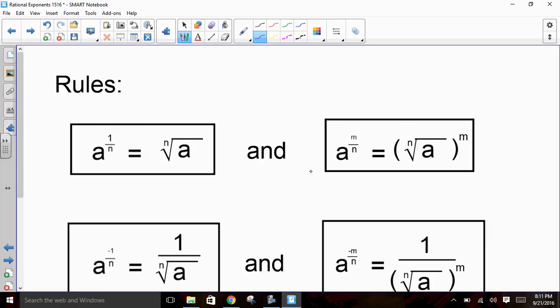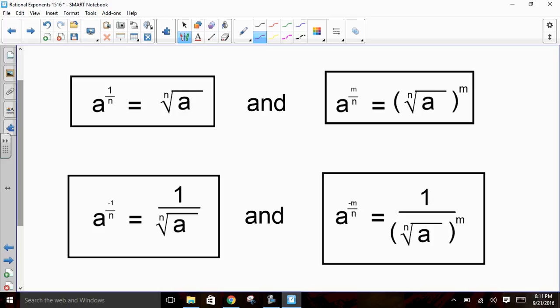Which brings us to our rules. I know I gave you your slide. Your notes have another slide, but they're basically leading into this. I didn't really find the need to talk about it because I just talked about it, so I'm skipping it and just going straight to the rules.